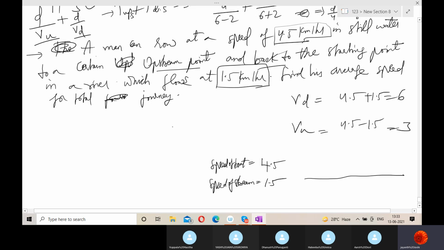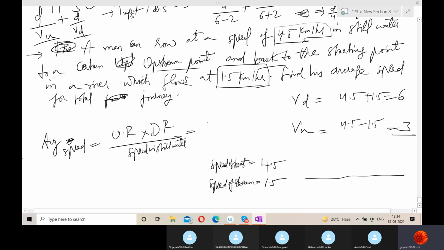They are asking to find out the average speed. The average speed formula I gave you some time back: average speed is equal to upstream rate into downstream rate by speed in still water, that means speed of the boat in still water. That means x plus y into x minus y divided by x.